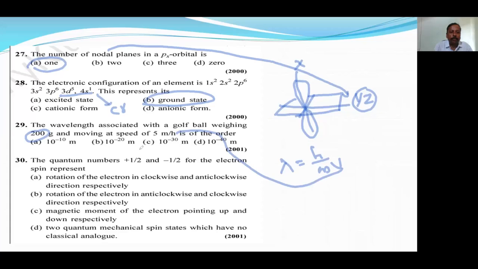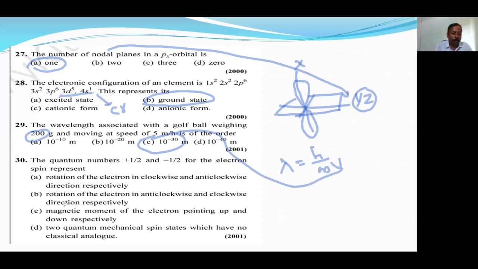Then you have to find the wavelength in terms of meters only. Then you will get the C answer. Then 30th question: the quantum numbers plus 1 by 2, minus 1 by 2 represent.